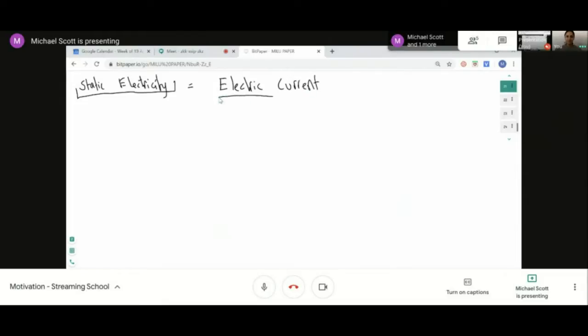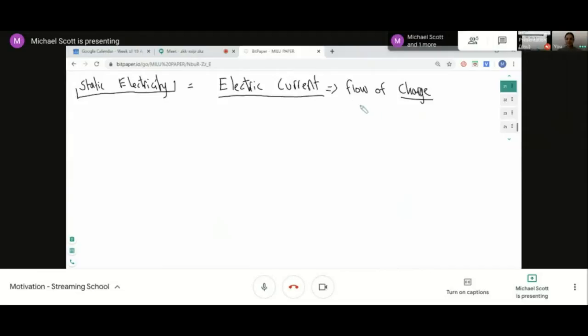You should know, as a GCSE student, the definition of this term electric current. And when we talk about electric current, it quite simply means the flow of charge. Electrons carry this charge around a circuit.